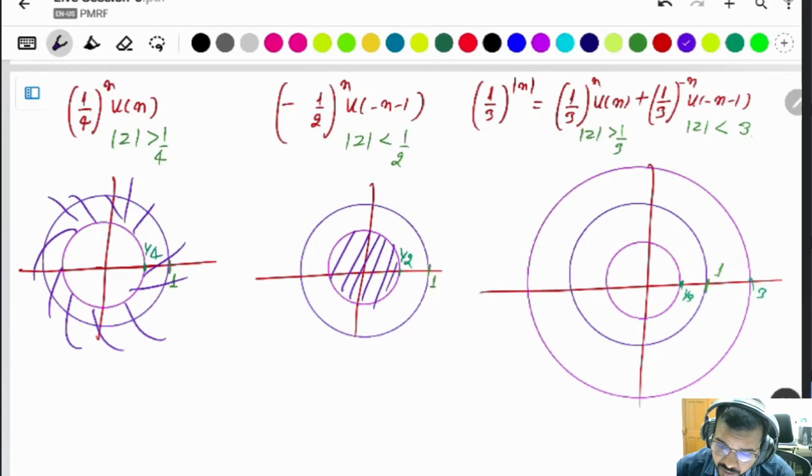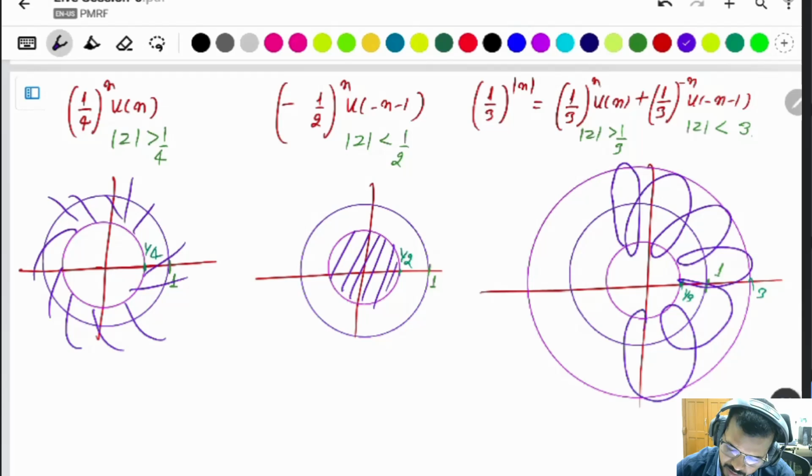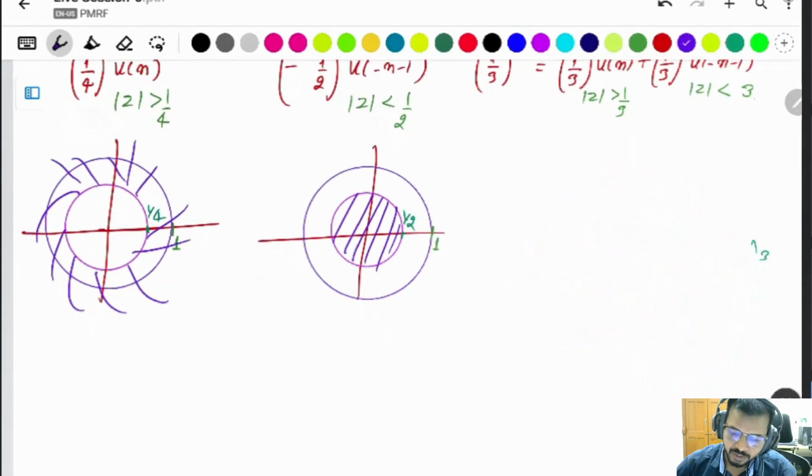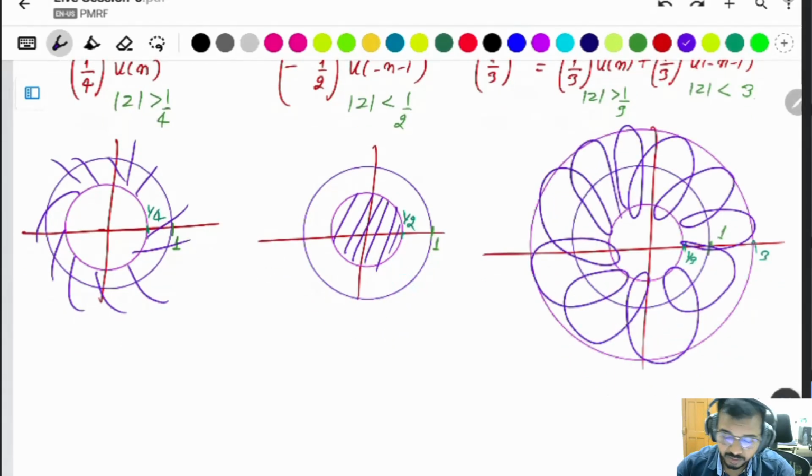In the third case, the ROC will be greater than 1/3 and less than 3, so the ROC will be a circular region, a ring, you can say. This first signal is a stable and causal system.